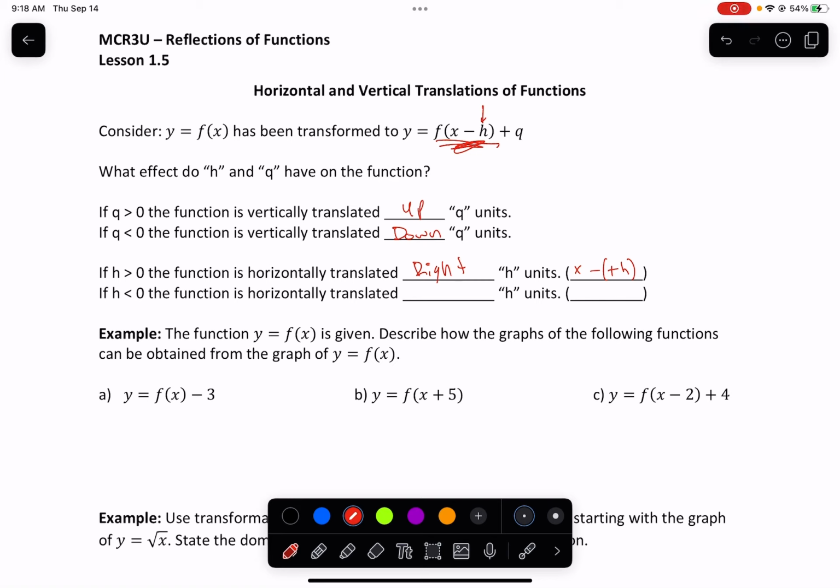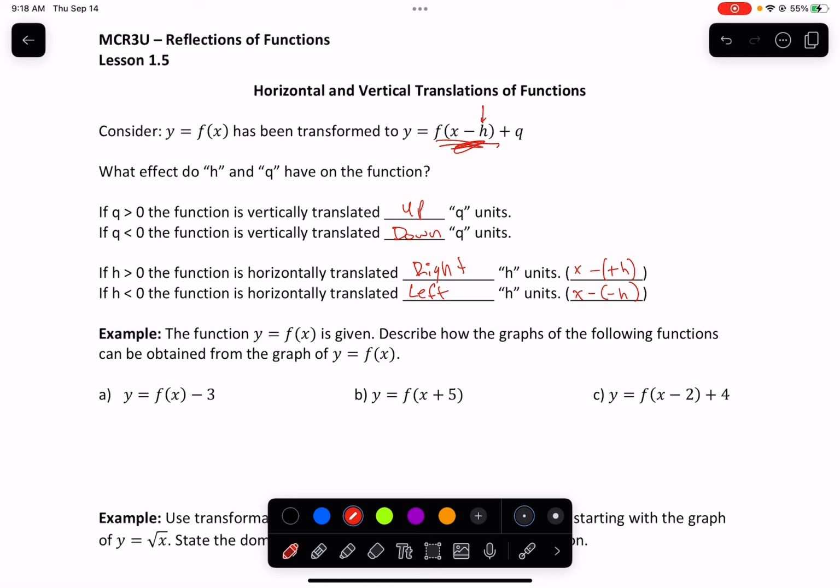Okay, and if H is less than 0, you're going to see this. It's going to move left because H is less than 0. But what you're going to see in the function notation is going to be opposite of what you see, because it's going to appear like x minus negative H. The two negatives make a plus sign. It appears it's moving to the right, but the actual horizontal translation is left.